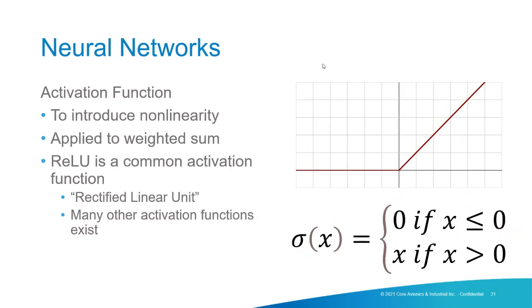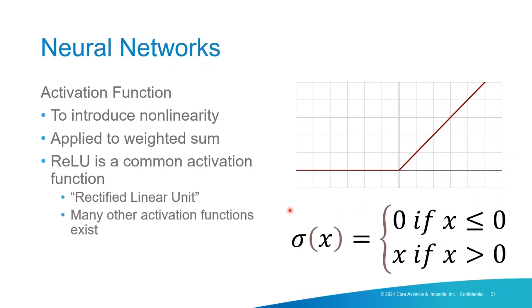So I mentioned I'd cover the activation function a little bit more. This is something that is applied to the calculated value for the node. In the previous slide, you should have seen that at the end of the equation, we applied this function here. And the idea behind an activation function is to introduce nonlinearity to the data that we're processing.